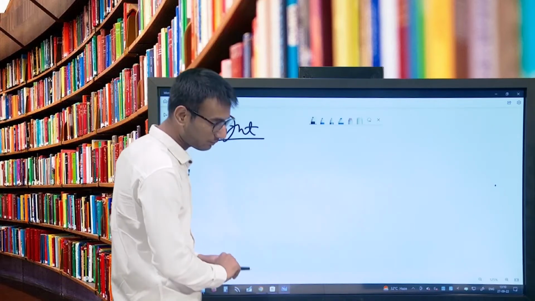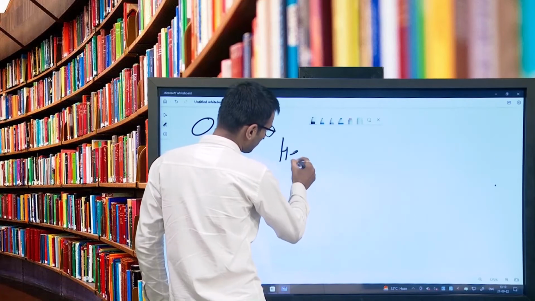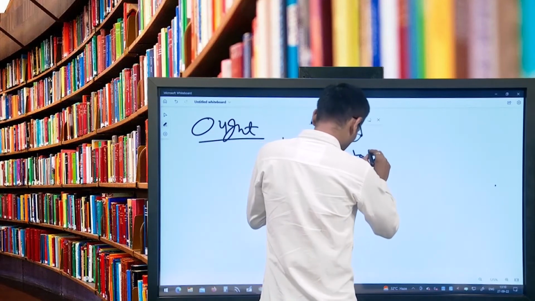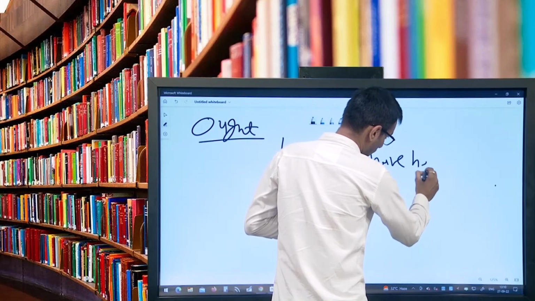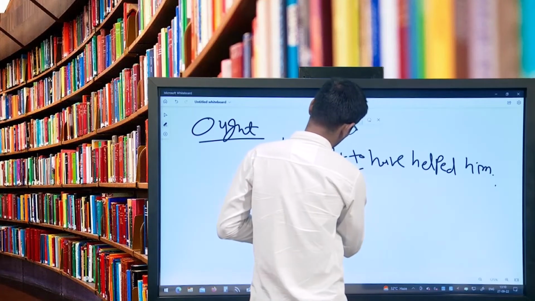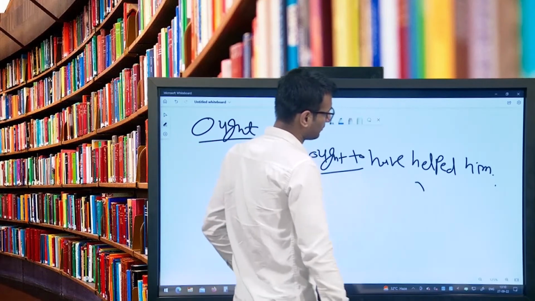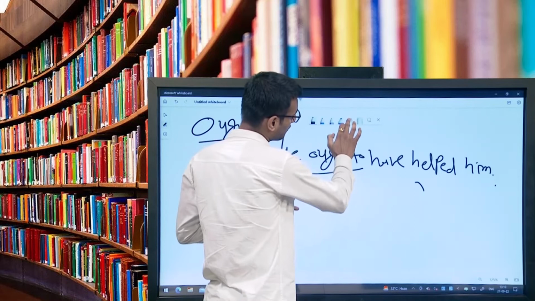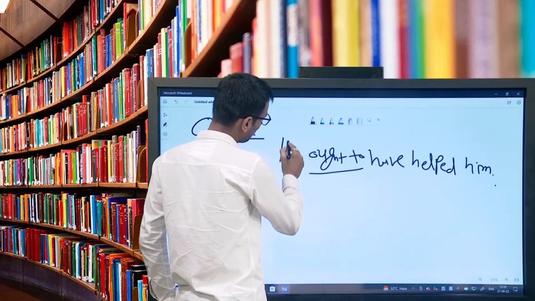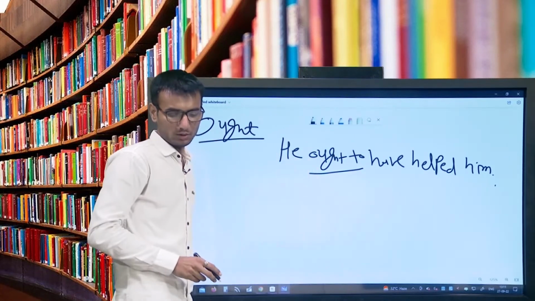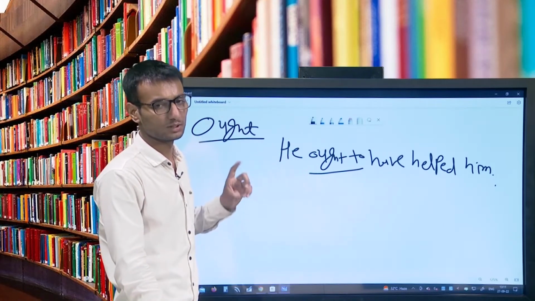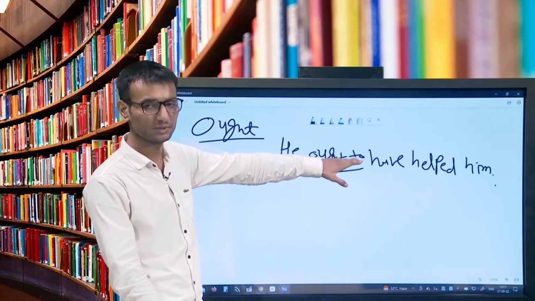For example, he ought to have helped him. તેણે મદદ કરવી જોઈતી હતી. He ought to have helped him. So it shows a kind of past thing, that મદદ થઈ શકી હોત તો કદાચ કામ થઈ જાત. That he ought to have helped him. So it is one example.